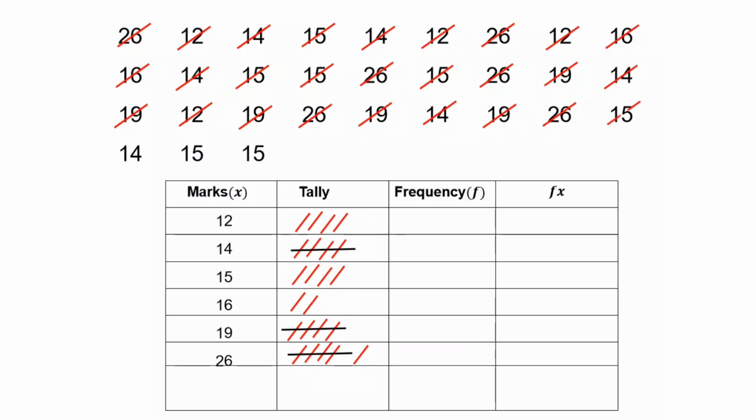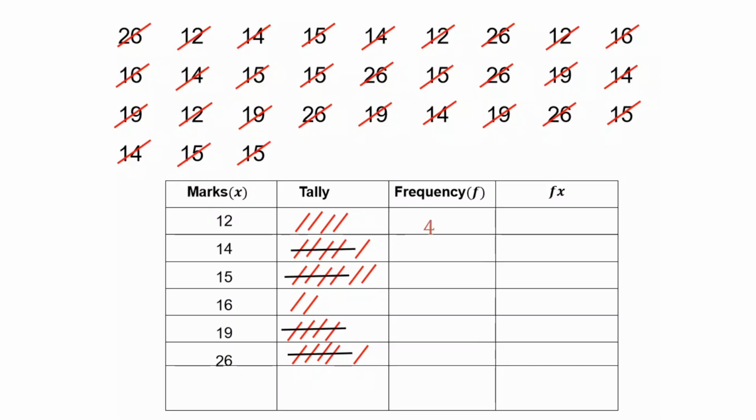So once we are done, it means that we are going to record what? The frequency. For the frequency, we record it based on the strokes we have under the tally column. You look at the number of strokes in each tally, then you record under the frequency column. For 12, we have the first one, how many strokes? We have 4.